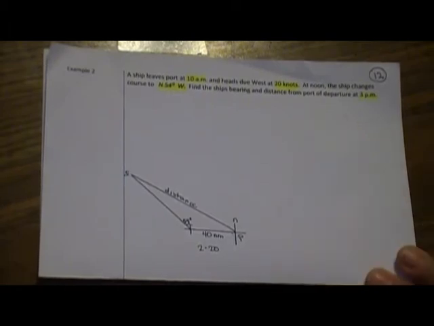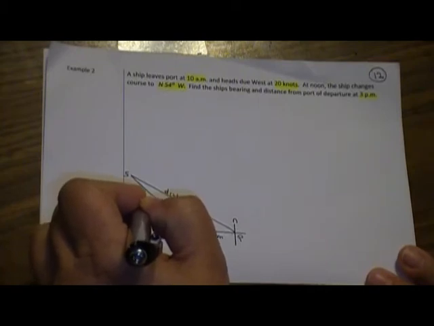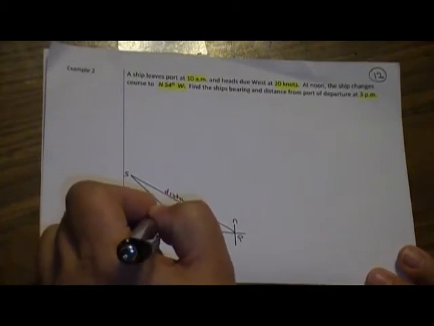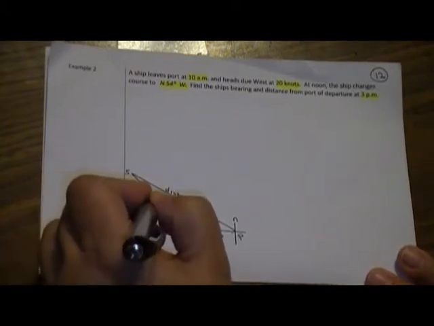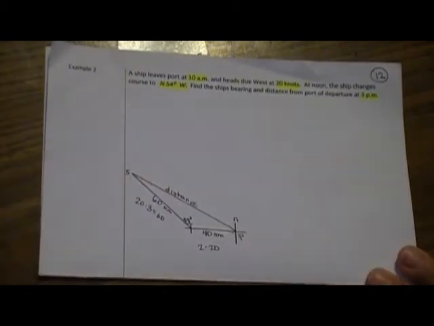Alright, so it's still going 20 knots. So this is going to be 20 times 3. I thought it switched directions, or switched speeds. I guess it didn't. So this is 60 nautical miles.